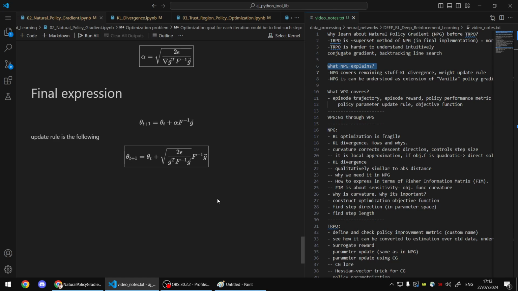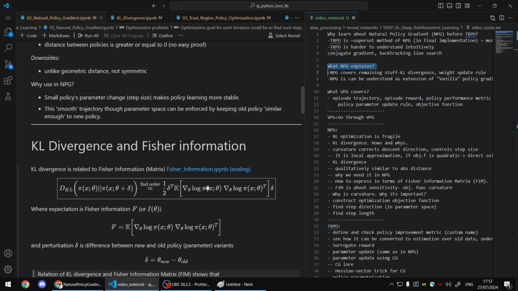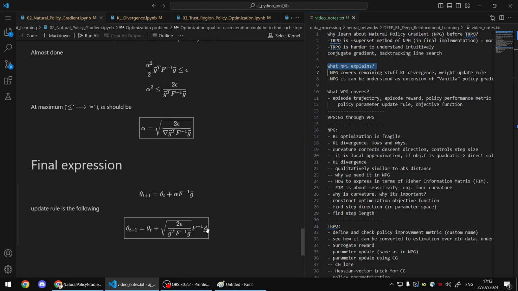Because, okay, there are problems. We can calculate Fisher information matrix. If you remember, it was an outer product constructed from these gradients of log of policy. Then we have our gradient.